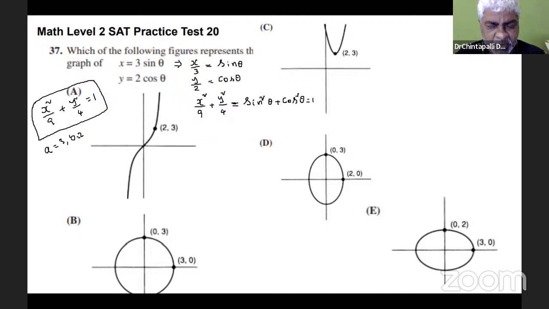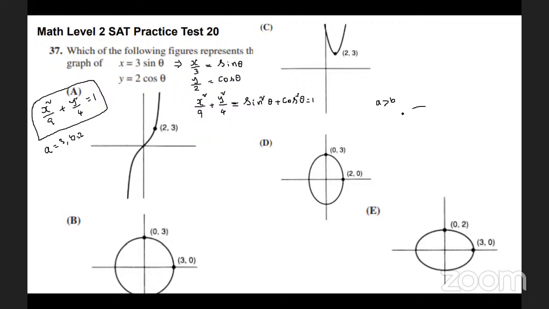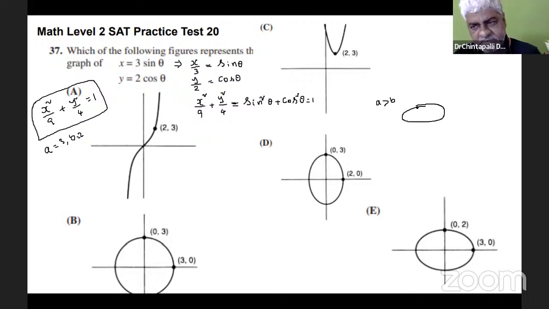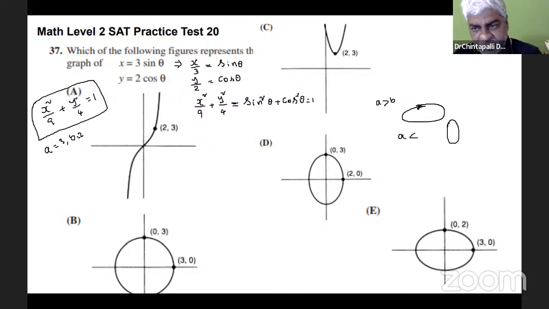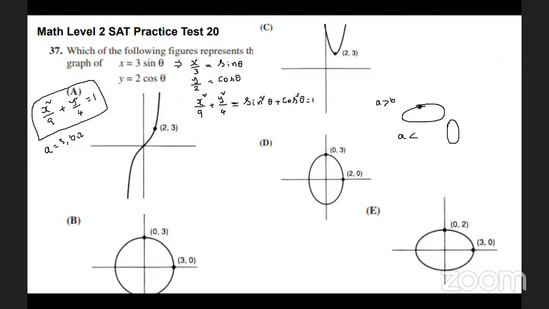See, there are two cases in ellipse. If A is greater than B, then it will be D. Or E, the other case, if A is less than B. Do you remember? Yes, sir. So for this question, which option is correct? Option E, sir.